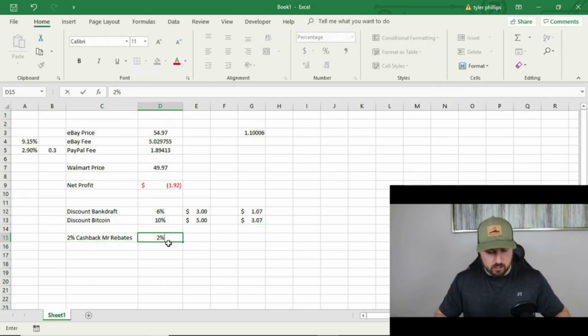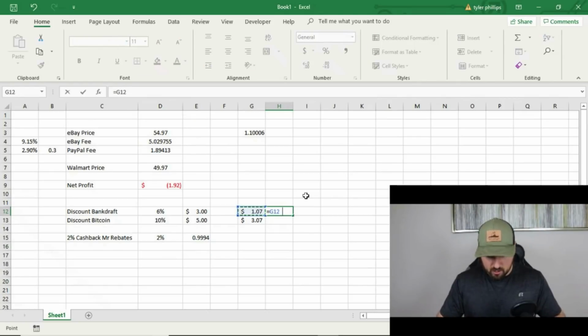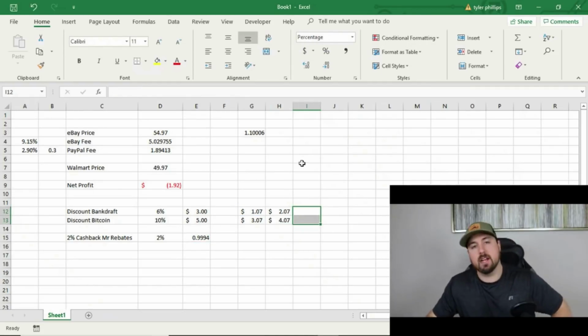So we got 2% here, and now this times this, and we can add that into that and do the same here. So depending on if they use a bank draft or Bitcoin, they're either making $2.07 or $4.07.